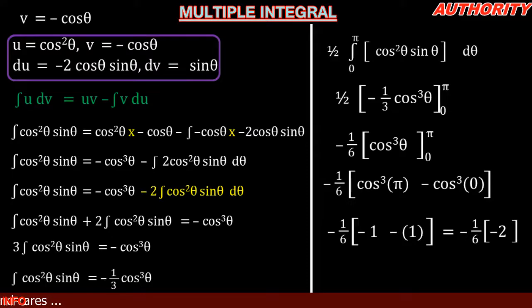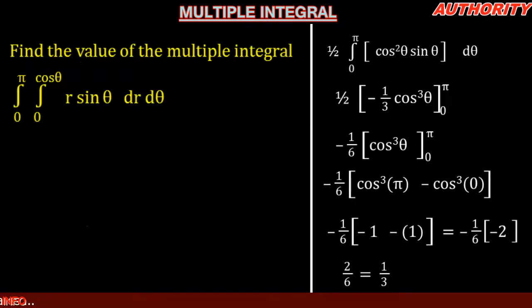So we have minus 1 minus 1, which is equal to minus 2. Then minus 2 times minus 1 all over 6 gives you plus 2 all over 6, and 2 all over 6 is equal to 1 all over 3. So the double integral over the range 0 to pi and over the range 0 to cos theta of r sin theta dr d theta is equal to 1 all over 3.